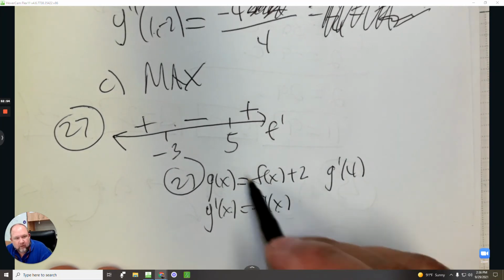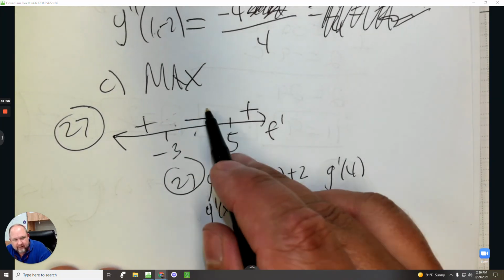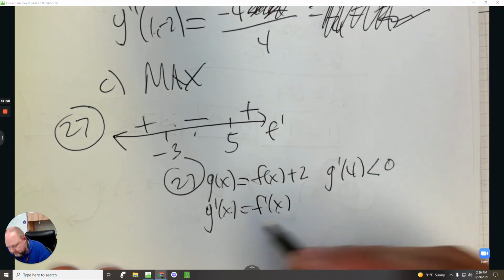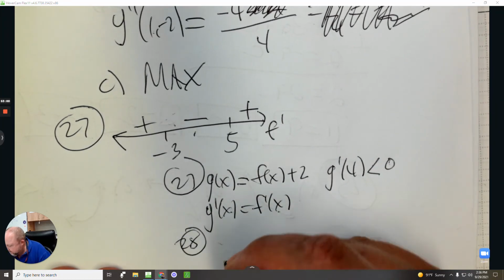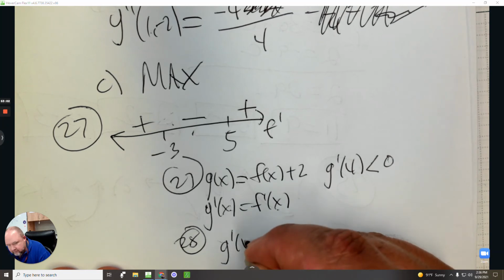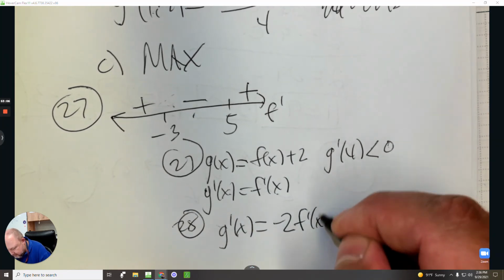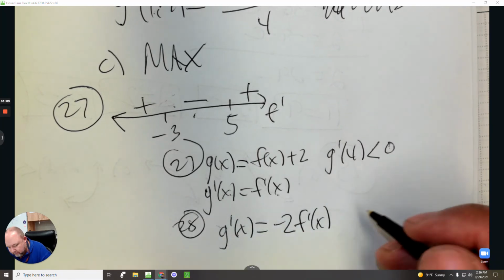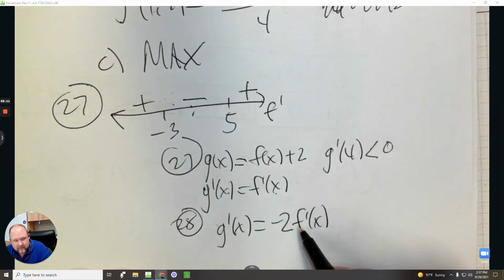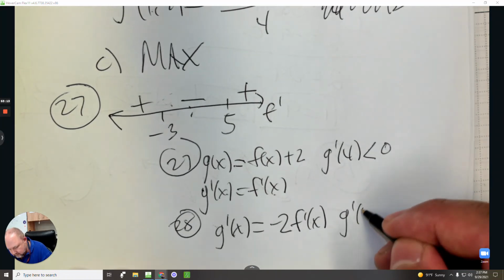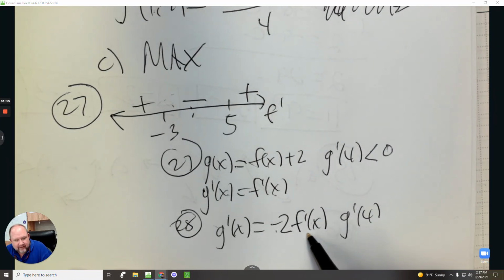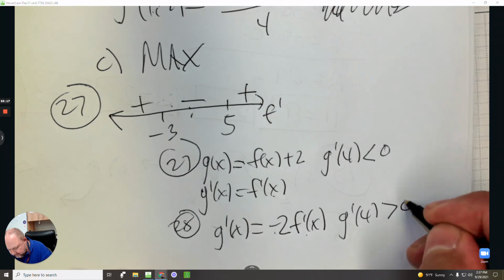So at 4, the answer is negative. So it's less than 0. 28, the derivative here for 28 would be -2 and the derivative. So at 4, it's negative. But a negative times a negative is positive.